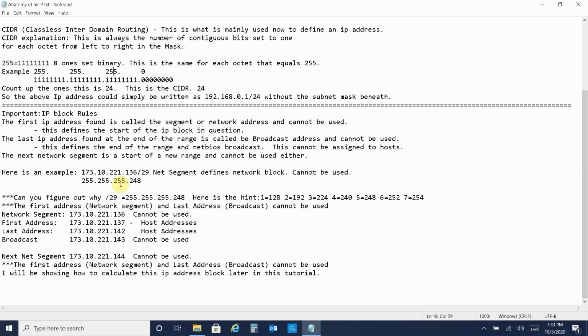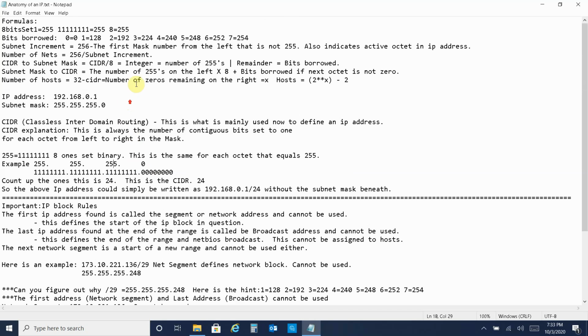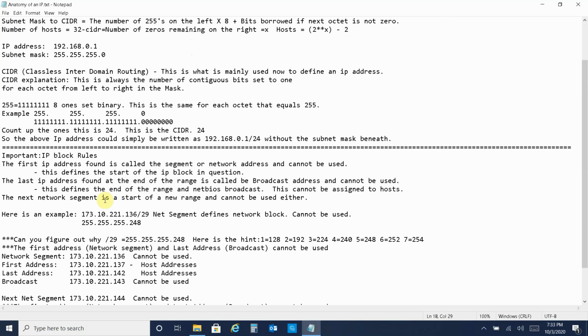So 8 times 3 is 24. Right? 24. What's left from 29? It's 5. So if you go up here, 248. That's simple. .248. So you've already just that quickly converted this and got your subnet mask.